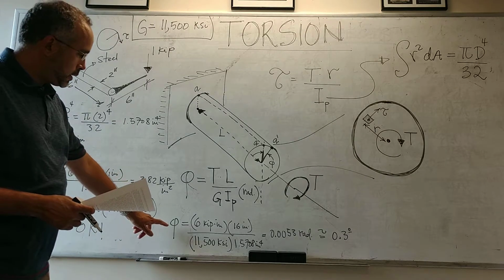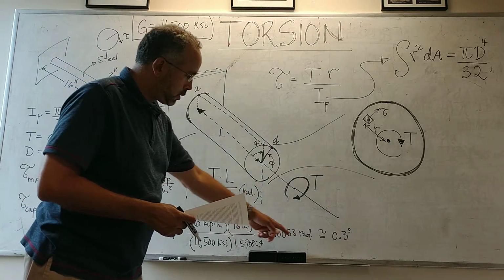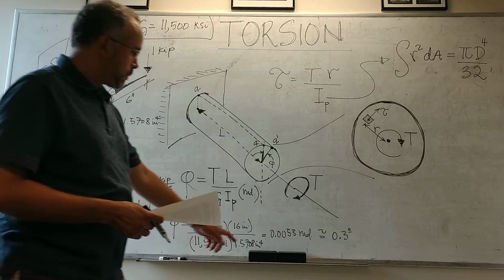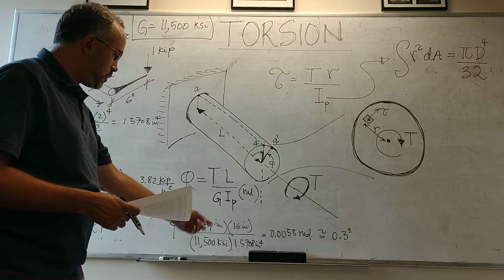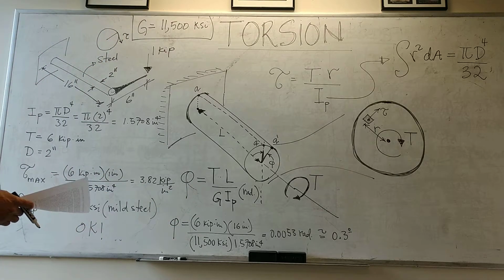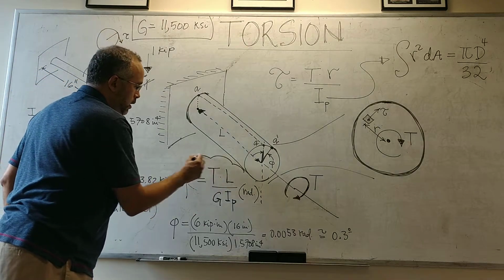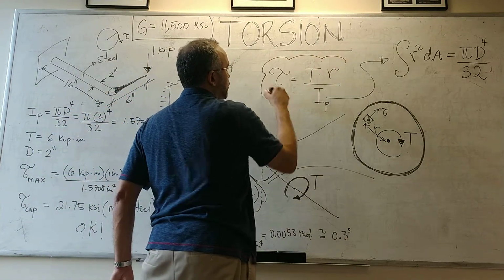Also notice, check the units here, you basically come out in units of radians, because all the kips and inches cancel out, and here you get KSI. So it all works out nicely. So this is the formula for rotation angle, and this is the formula for shear stress.